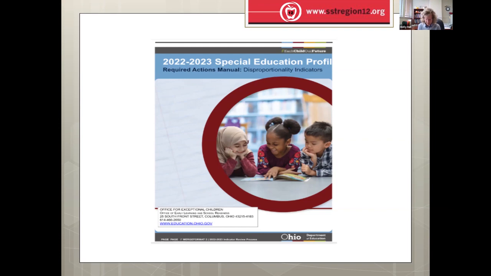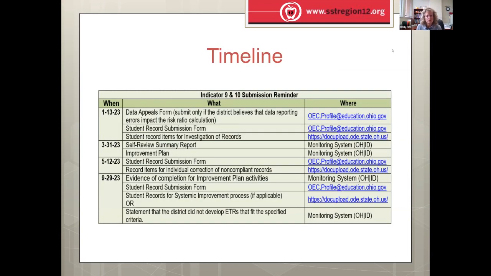And we know that for indicator 9 and 10, there is this very first submission of records for the timeline of January 13th. And our special ed team has already been in contact with districts who were required to submit records. So we can kind of check that off our to-do list in terms of those records.